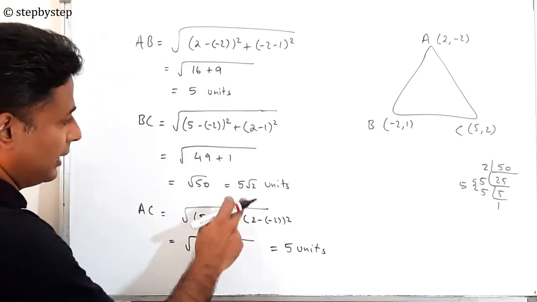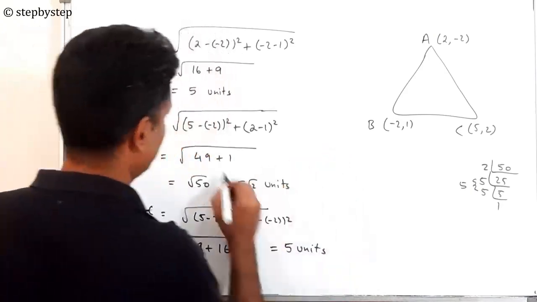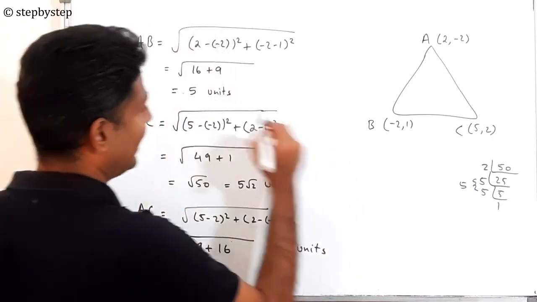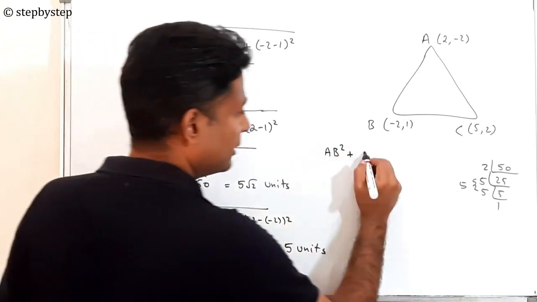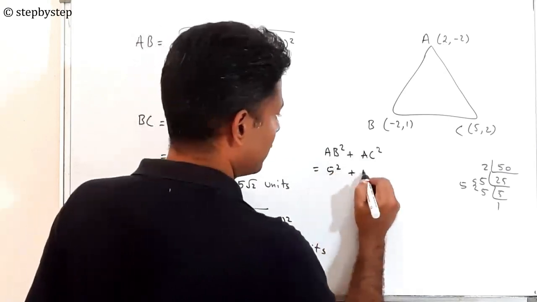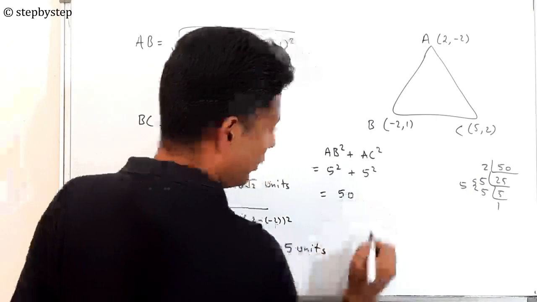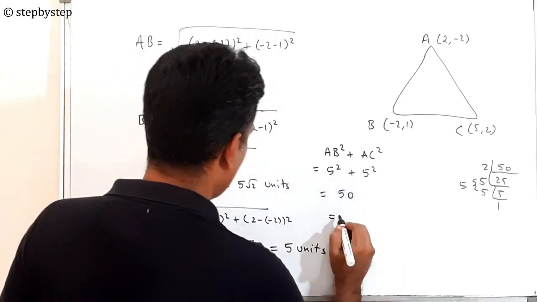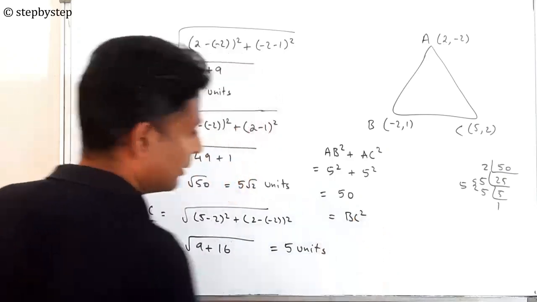Let us check whether it satisfies Pythagoras theorem. Since these two are equal, I'll take AB square plus AC square, that is equal to 5 square plus 5 square, that is equal to 25 plus 25, 50, right, which is equal to BC square.